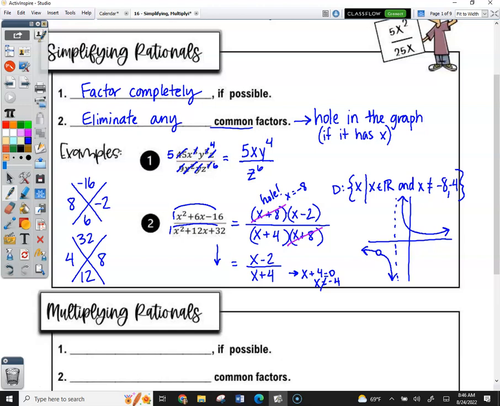So it'll get all the way up to that number, but it'll skip right over it. But an asymptote, it will approach it, but it will never reach it, ever. And that's because at that value, you get 0 on the bottom of the fraction, and that's no bueno. So that's the difference between what it looks like in the graph. Imagine this was negative 8, and this was negative 4. That's an example of what it looks like.